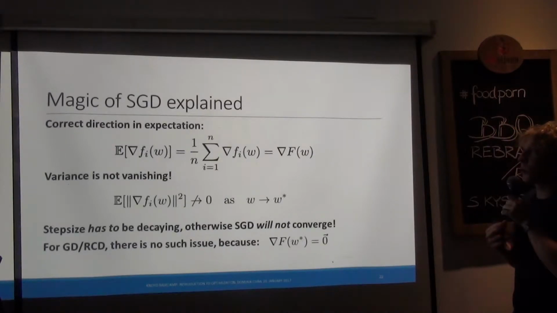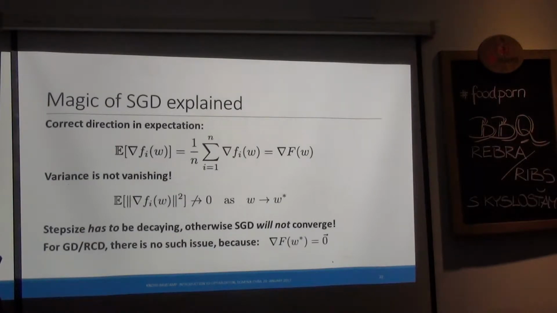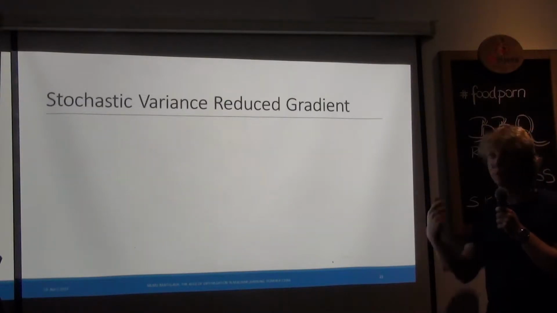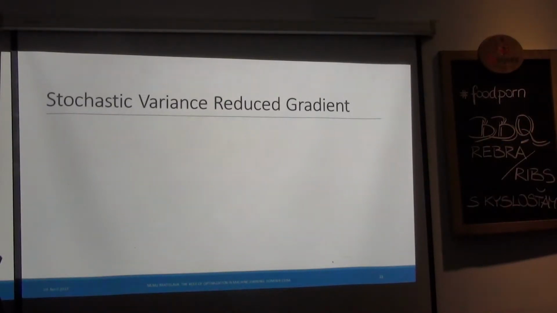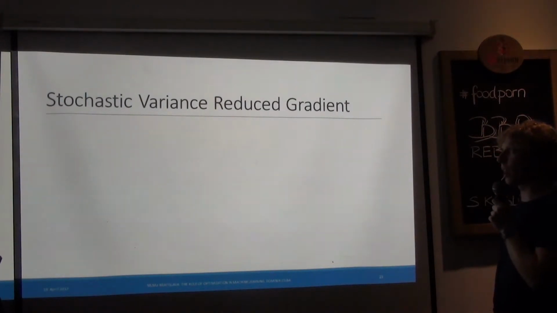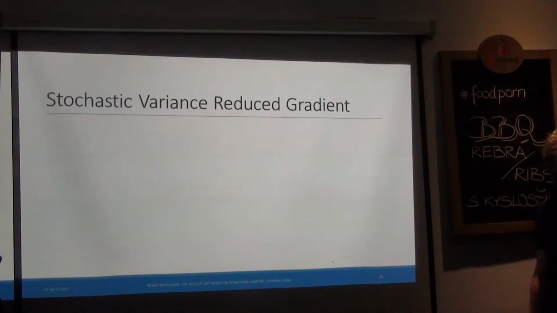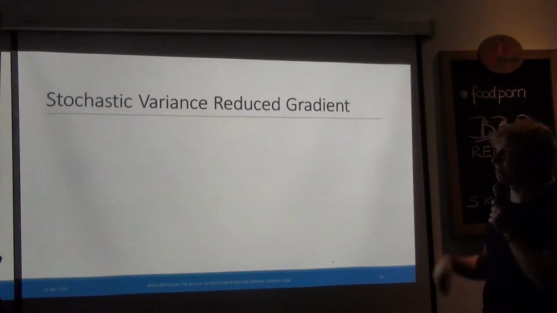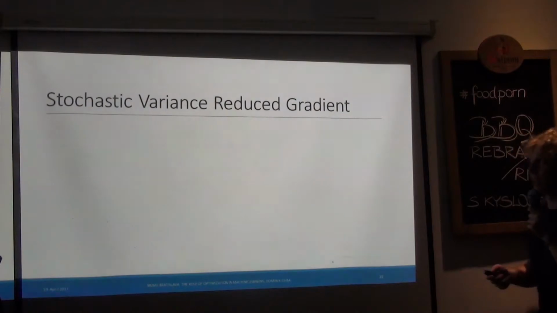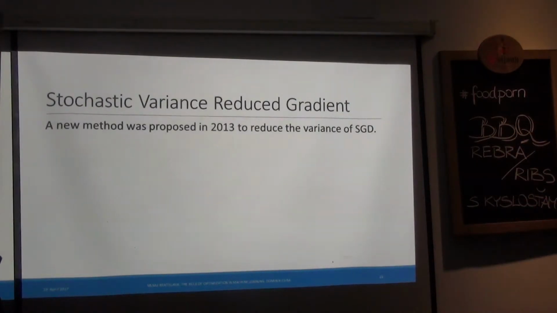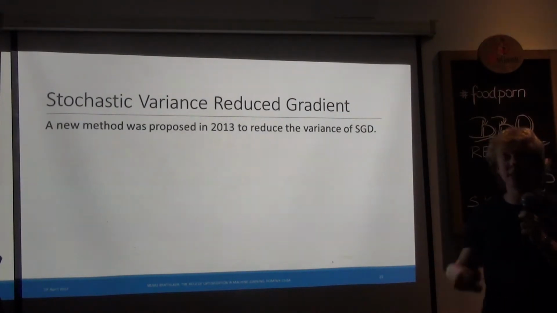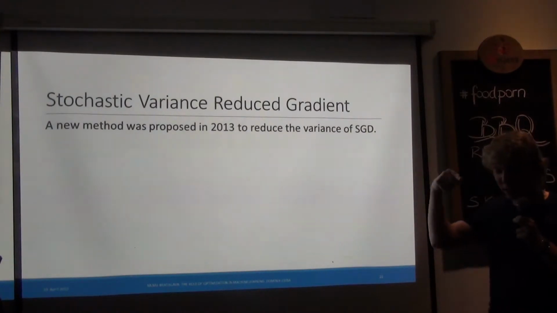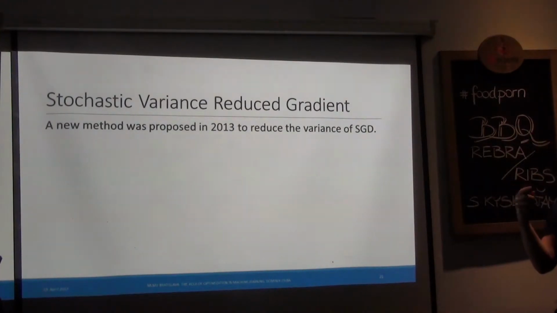And I was actually requested to include one slide. This is the reason why I include this one and one more slide to show you some cool optimization methods. So the next slide is going to be about the cool optimization method called stochastic variance reduced gradient, which somebody, cool guy named I think Rie Johnson and Tong Zhang, those are two guys, not cool, developed and proposed in 2013 to actually tackle this issue with the algorithm jumping out of the optimum.